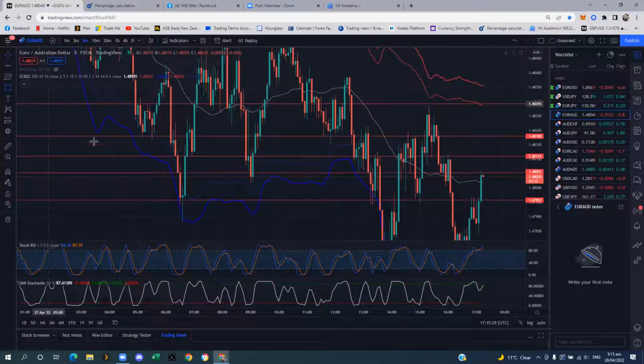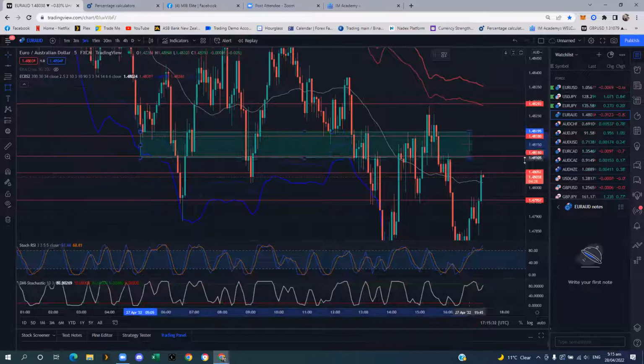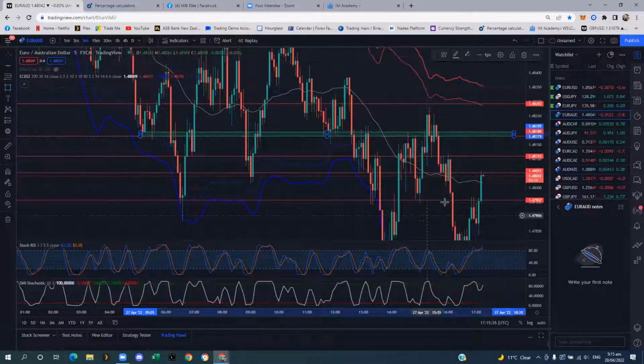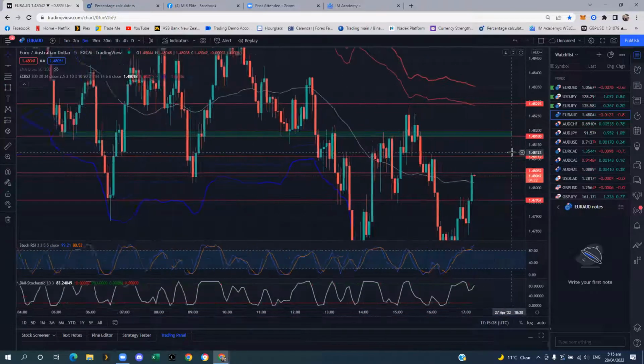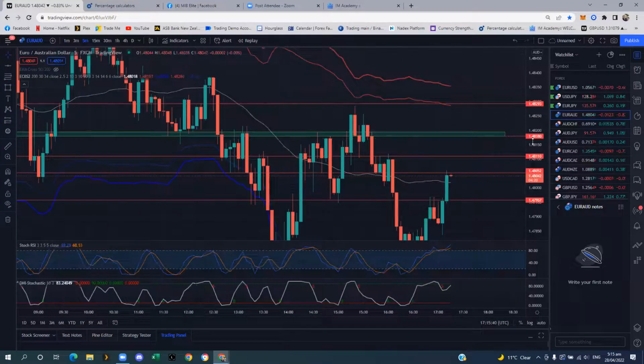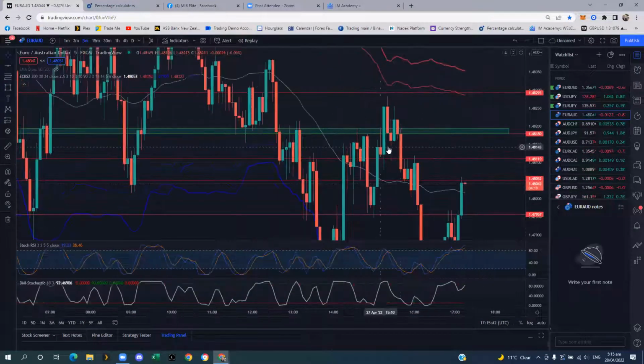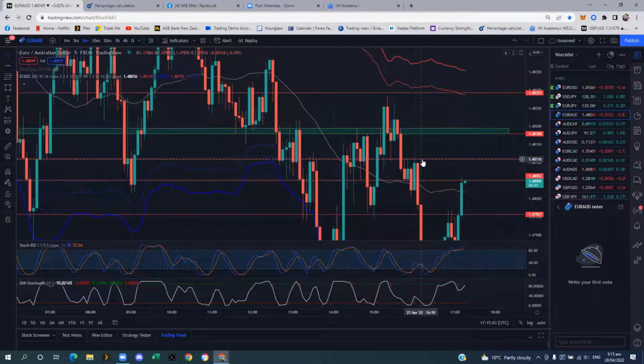Now, this isn't exactly straightforward, there's no set rules to this. It's just getting better and better at recognizing patterns and trying to best determine where it's going to turn around. And even here right now, where this line is here, I want to create the entry point of my zone. I want to bring it closer to where price is currently, because I don't want to miss a trade.